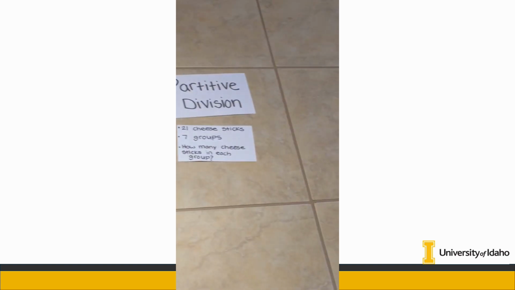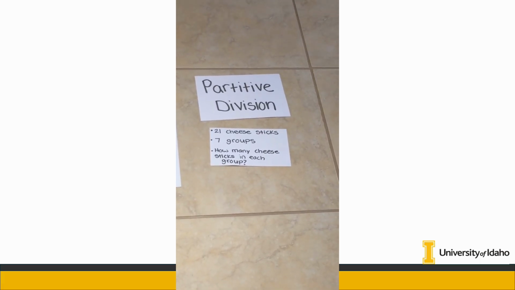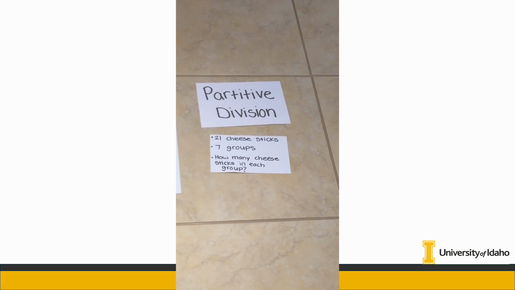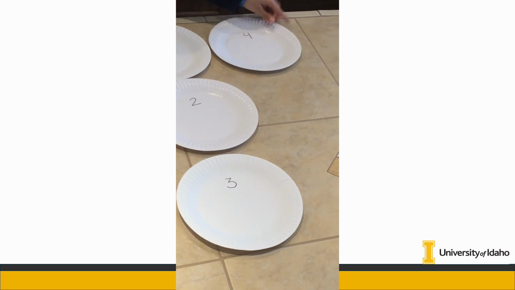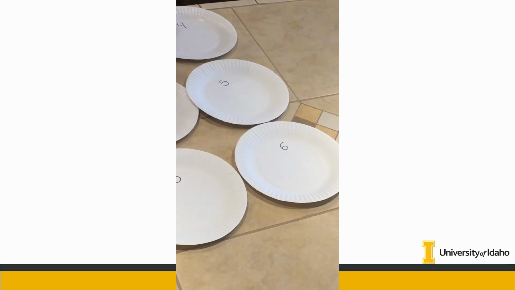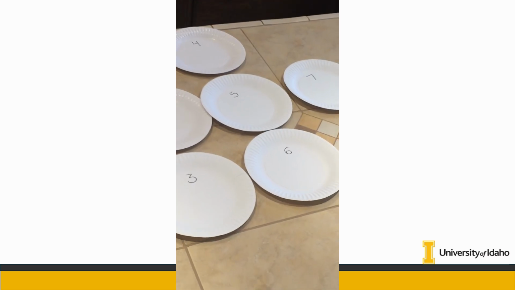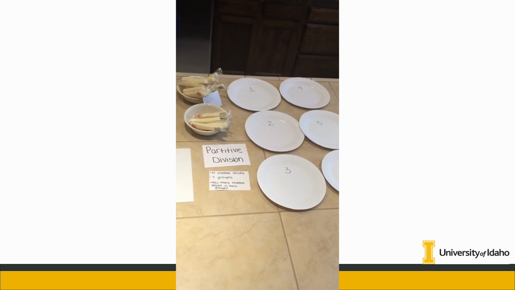And then for our last example with partitive division, we're going to use 21 cheese sticks and 7 groups, and we need to figure out how many cheese sticks will go into each group. So I'm going to lay out my 7 groups, 1, 2, 3, 4, 5, 6, 7, and then here are my 21 cheese sticks, and I need to evenly distribute the cheese sticks into the 7 groups.